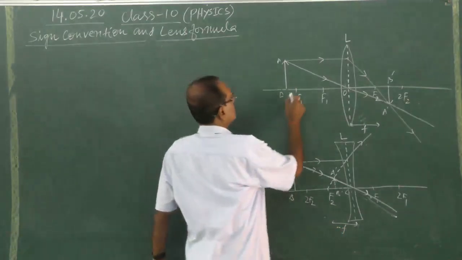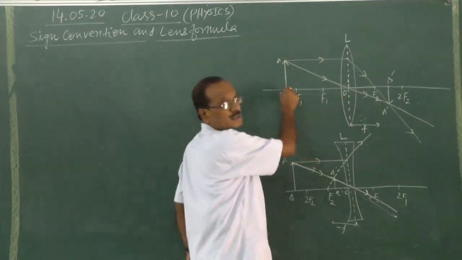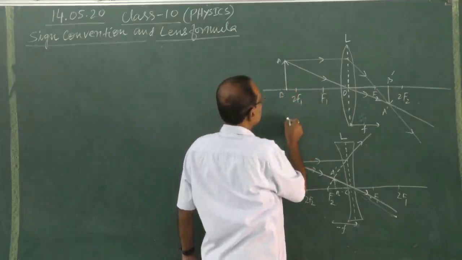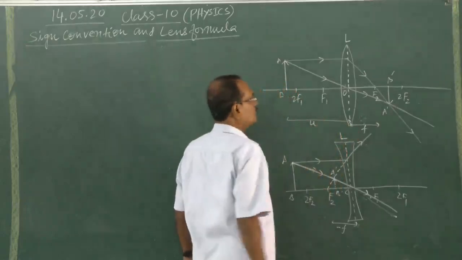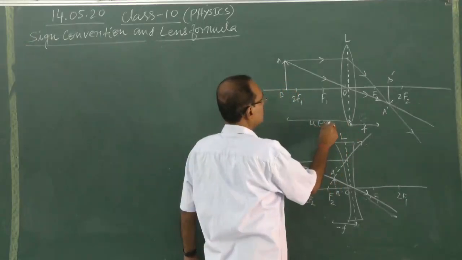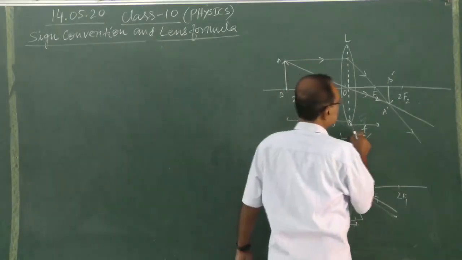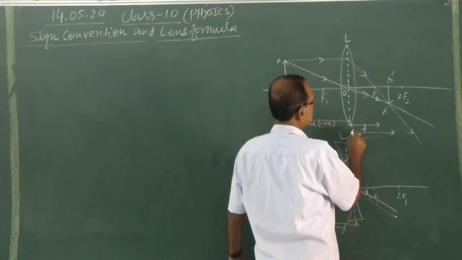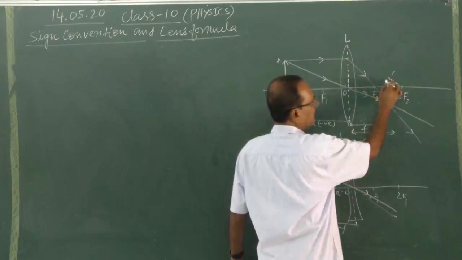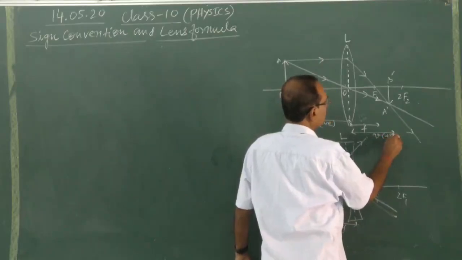Now, this is the object, so OB is the object distance. The object distance is always denoted by U, and it will be taken negative. This is the distance of the image, OB dash, so it is written as V. This will be positive.